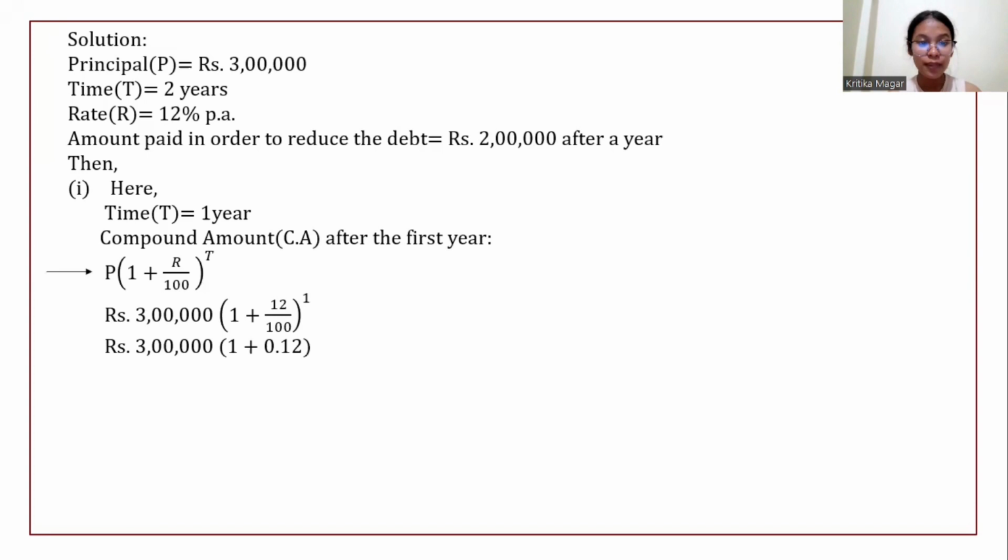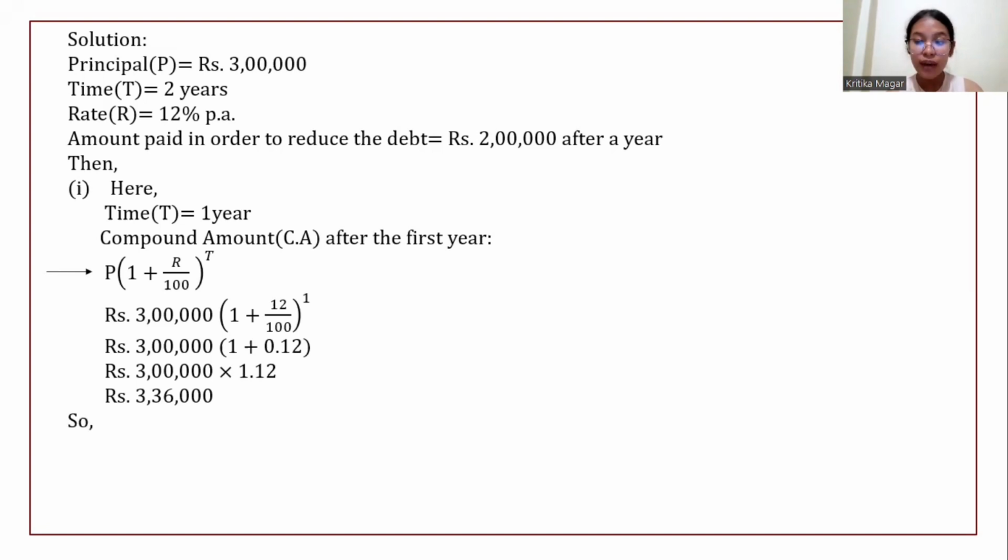So 12 divided by 100 is 0.12, plus 1 is 1.12, which is multiplied by 3 lakh, and it gives the answer of rupees 3 lakh 36,000. So her compound amount for the first year is 3 lakh 36,000.